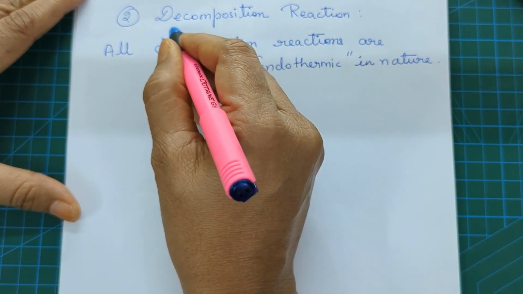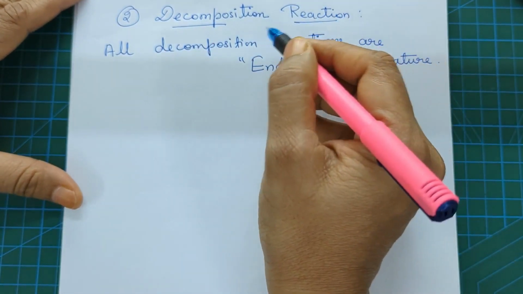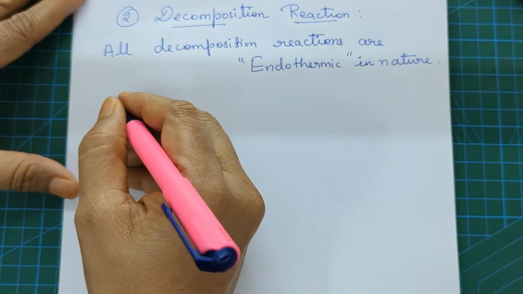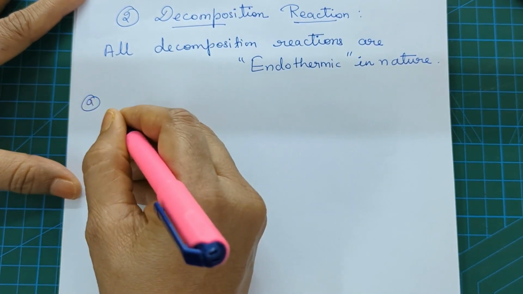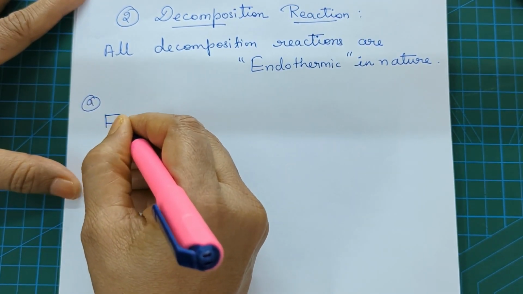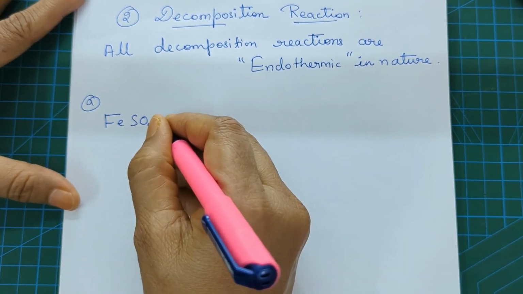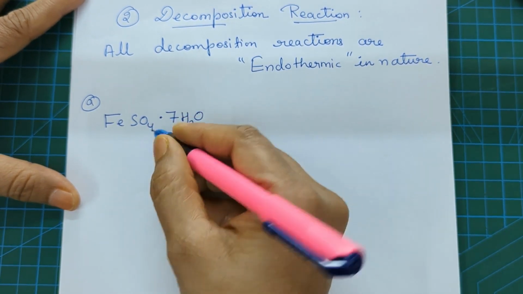So how to remember the chemical reactions and equations for decomposition reactions? Let's begin with the first example of decomposition reaction. It is the decomposition of ferrous sulfate. It is not just FeSO4, we should have the water of crystallization, that is FeSO4.7H2O.